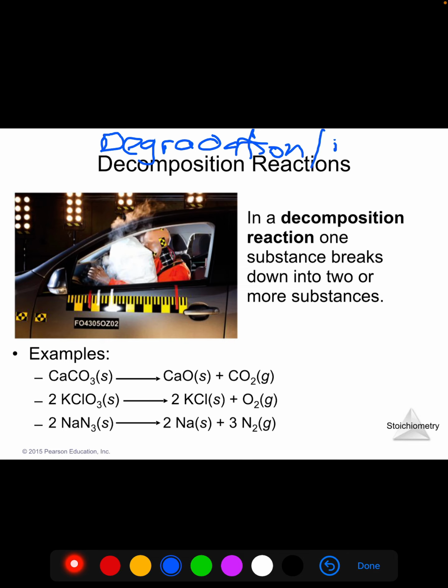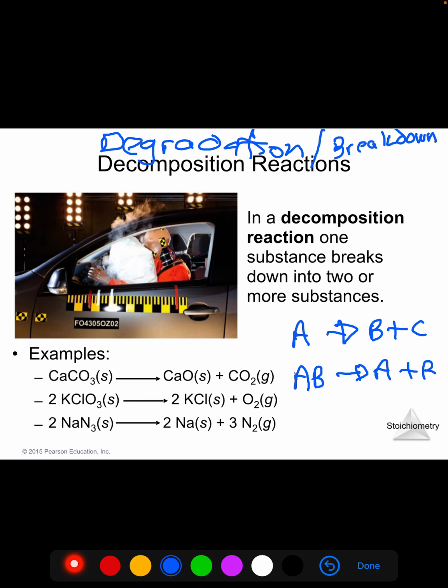Or also a breakdown reaction, where something decomposes or breaks down. You start with A and you break it down into B plus C. You'll also see some different books call this AB breaks down into A plus B, where they're separated from one another or no longer combined.